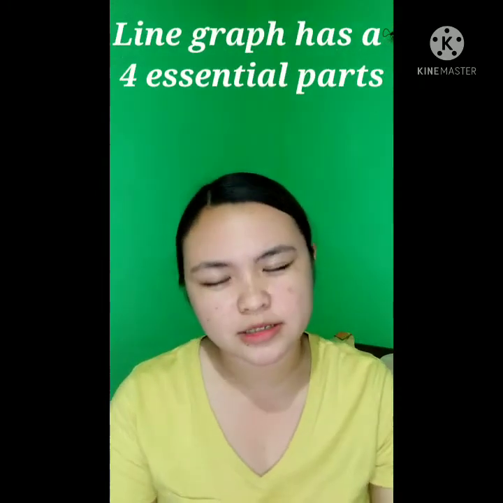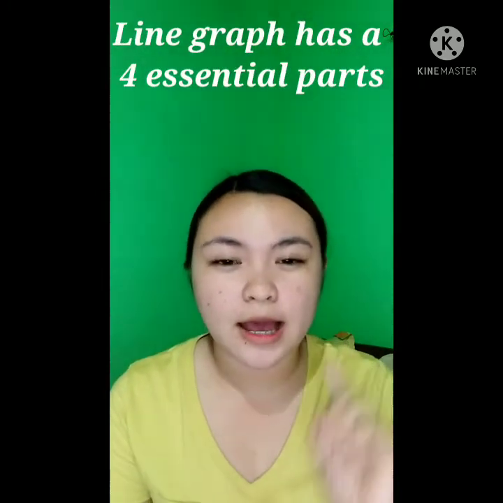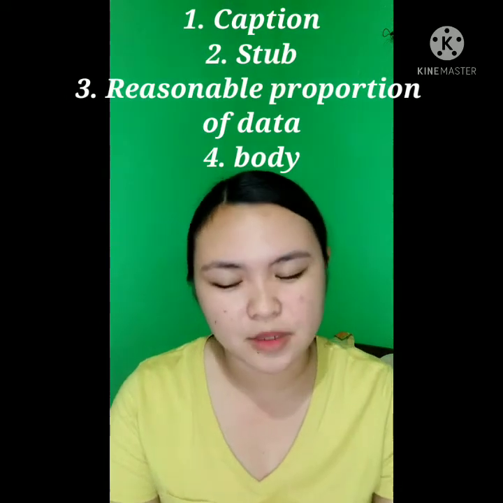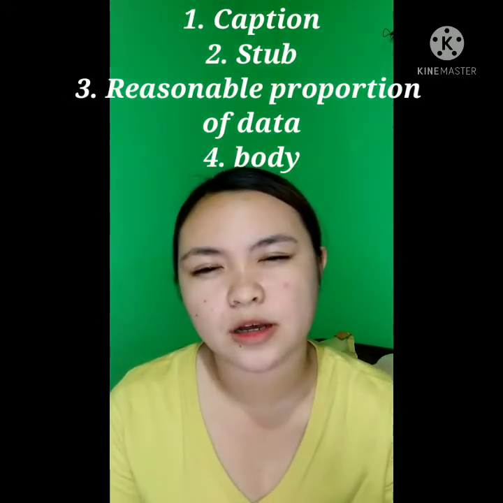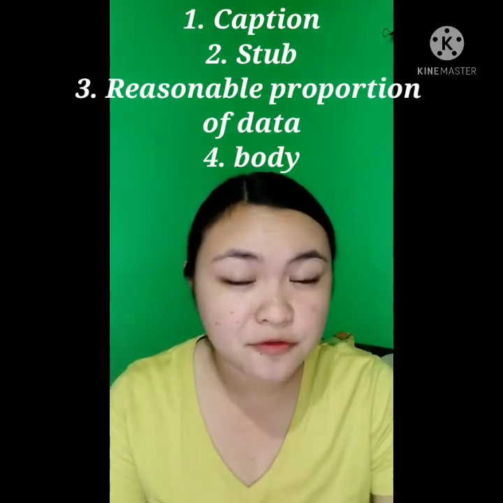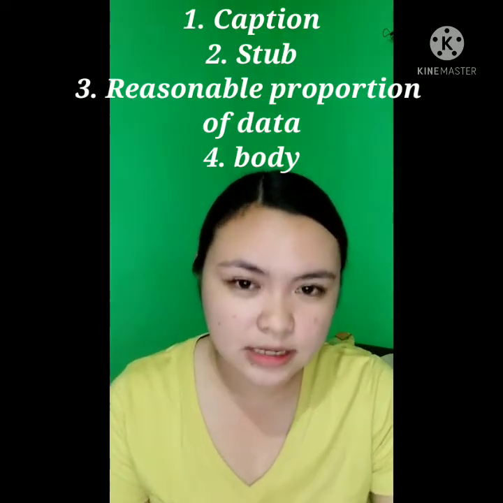So a line graph has four essential parts. What are these four essential parts? First, we have the caption. Second, we have the stub. Third, we have the reasonable proportion of data, or the x-axis.